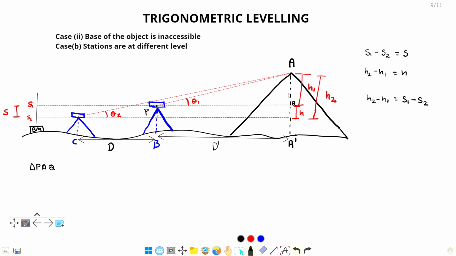This is the length D dash, this is H1, so we will get H1 is equal to D dash tan theta 1. Here theta 1 is known, D dash is unknown, H1 is unknown, so I am replacing D dash as H1 upon tan theta 1.